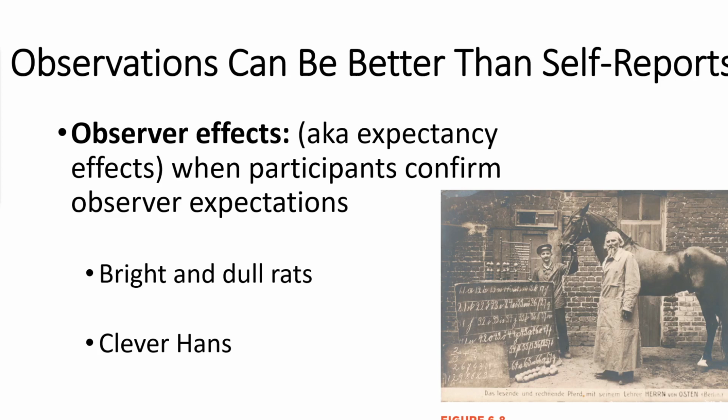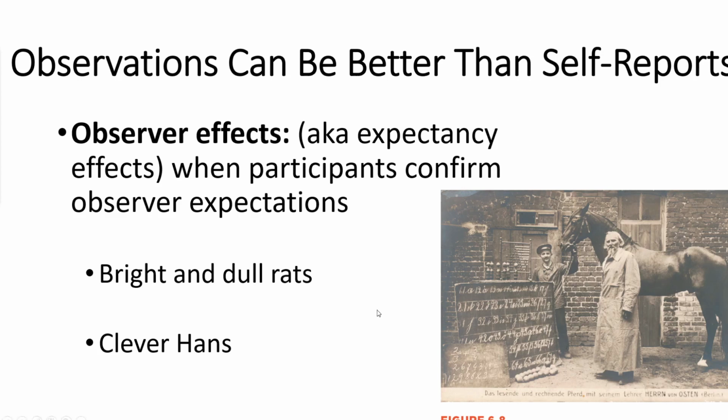In fact, the rats were all genetically identical because you can do that with rats. So no group actually had smart or dumb rats. It was just that the people running the experiments were told that they were either good at mazes or bad at mazes. And the really cool part is that at the end of the semester, the maze bright rats actually did better than the maze dull rats, even though there was no difference in their ability to perform.